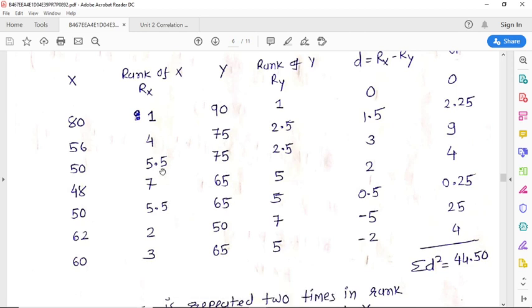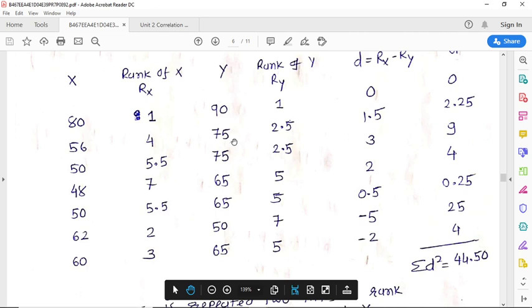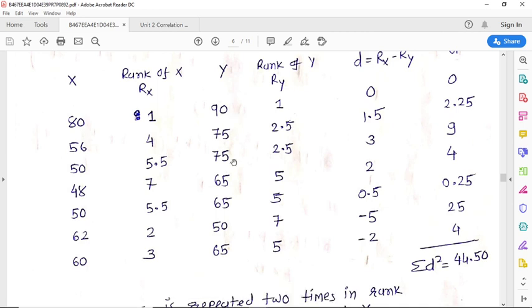And now the values of y. We have 90, it is the highest among all, so assign 90 a 1. Then the next highest is 75, and 75 is repeated 2 times, and that is in place of second and third rank. Clear? Because 90 is the first rank, next is 75, repeated 2 times, so it will be in second and third rank.